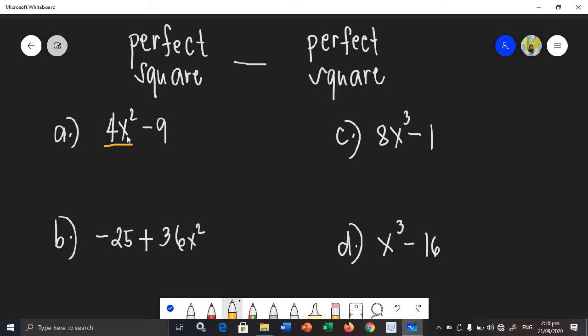So 4x squared is a perfect square. And then 9 also is a perfect square. The terms are separated by a minus sign. So therefore, we can conclude that example A is a difference of two squares.